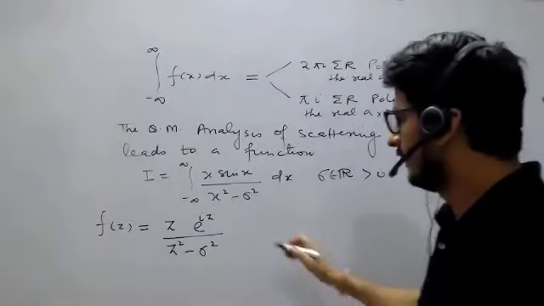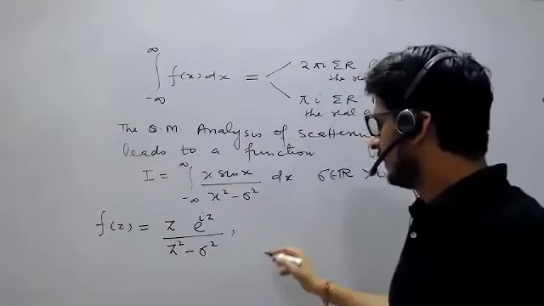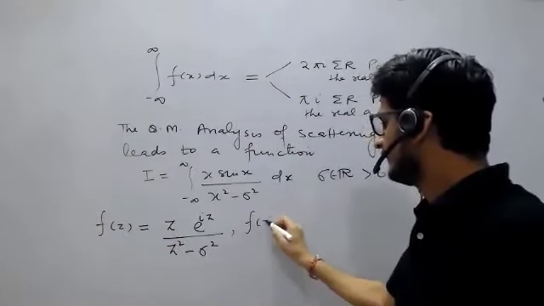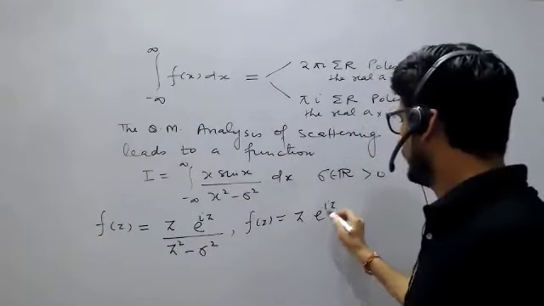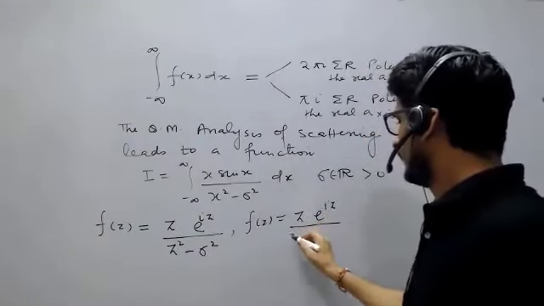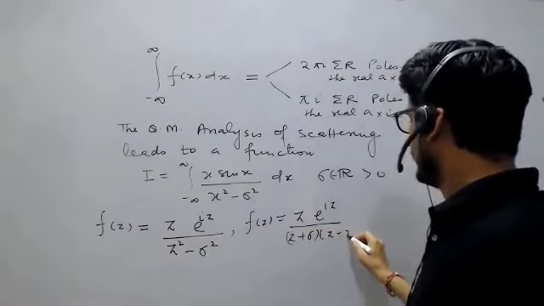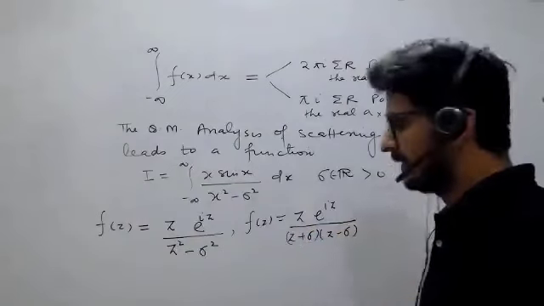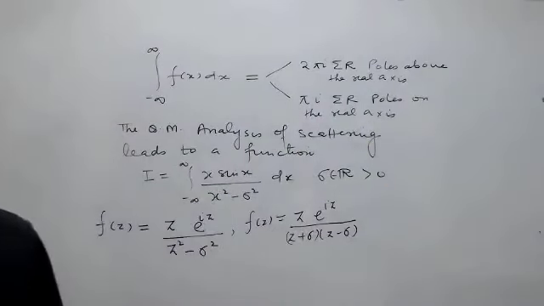So please see this is very easy. So now your f(z) will become z e to the power iota z over z plus sigma and z minus sigma. Please check this. This is okay.